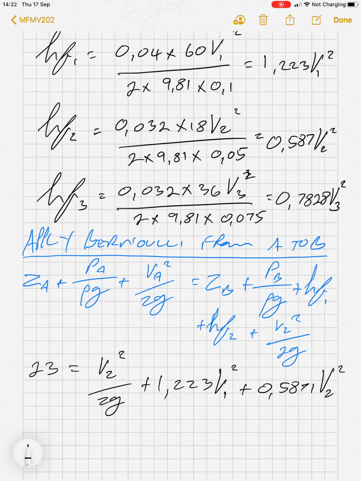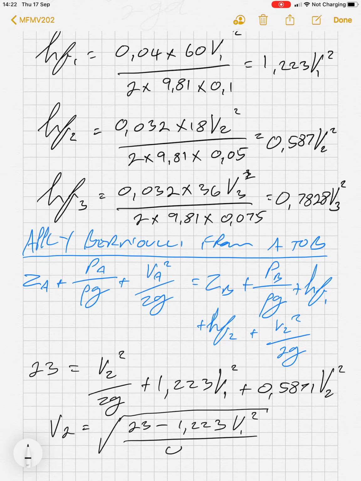We can then put that in terms of V2, and that will be the square root of 23 minus 1.223 V1 squared, and we divide that by 0.638, and that can be equation 1.